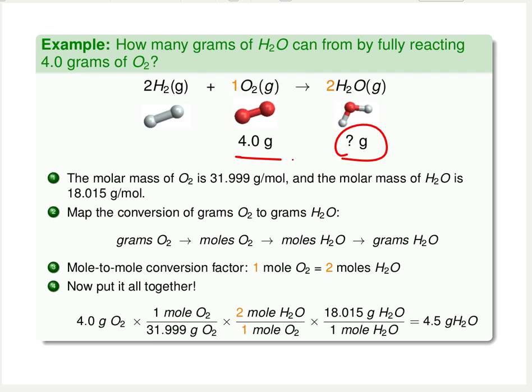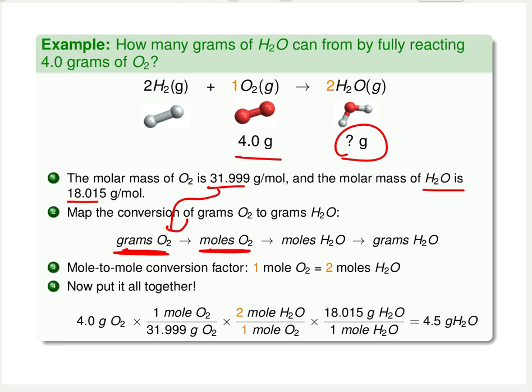All right. So we know that the molar mass of O2 is right there, about 32 grams. The molar mass of water is right there at about 18 grams. And we're going to go ahead and map out a conversion that will take us from our initial given mass in grams of O2, convert that to moles of O2 using that molar mass, which we just determined right here.